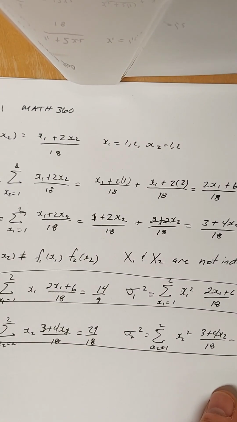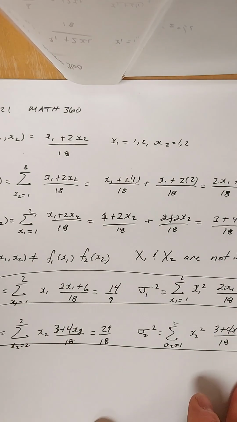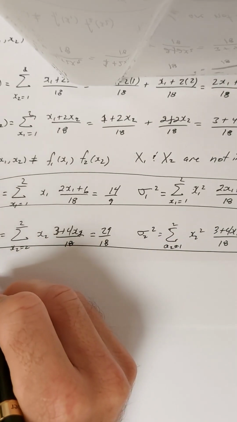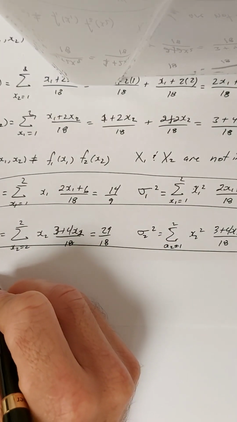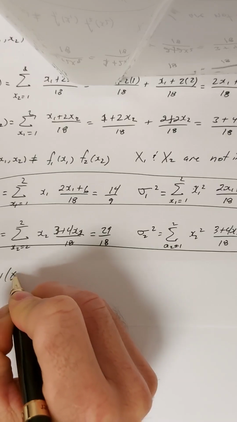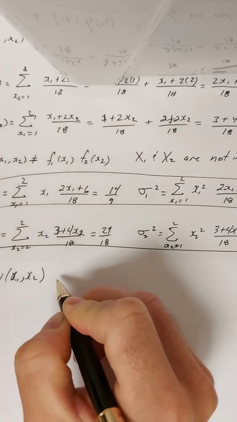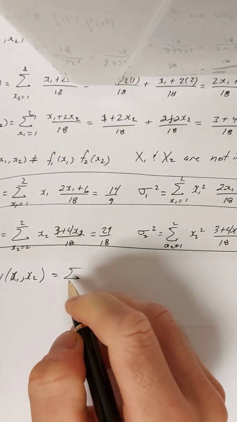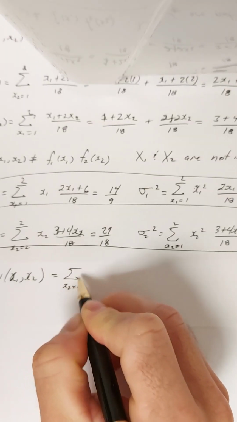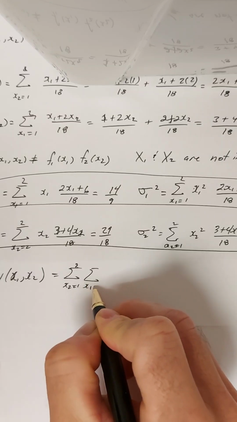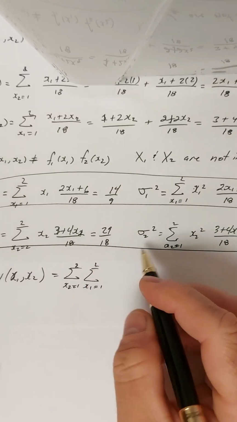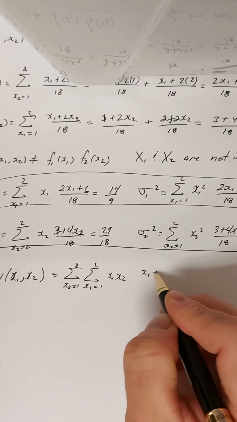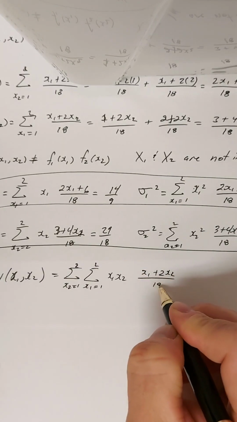And now, let's see if I can squeeze it in here. Let's compute then the covariance of x1, x2. This is going to give us the sum over x2 equal 1, 2, and then the sum over x1 equal 1, 2, of x1 x2 times (x1 plus 2x2) over 18.